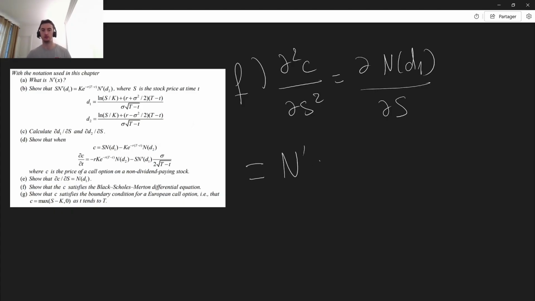Instead, you need to use the chain rule again. So let's just keep it at N prime of d1, and then if I remember correctly, it was 1 over S sigma square root of T minus t. Yep, we'll keep it like this.